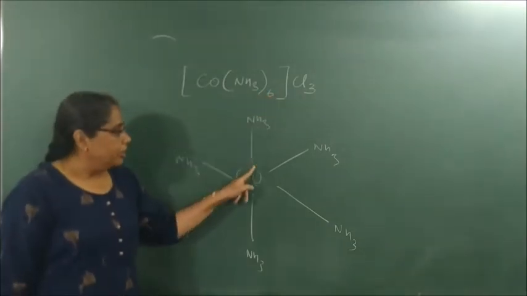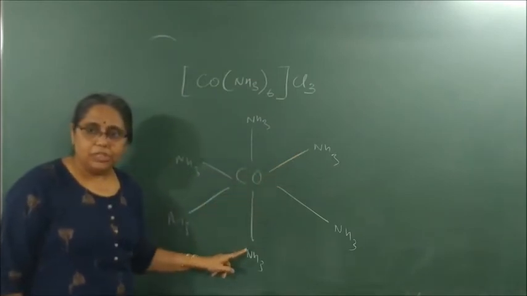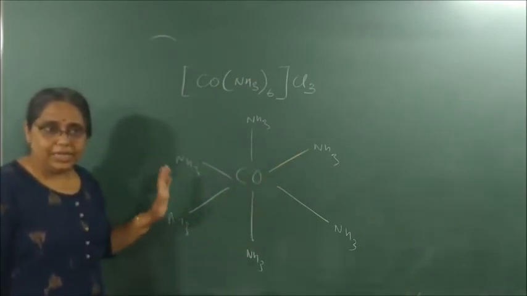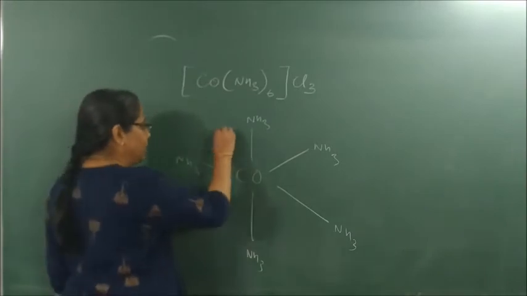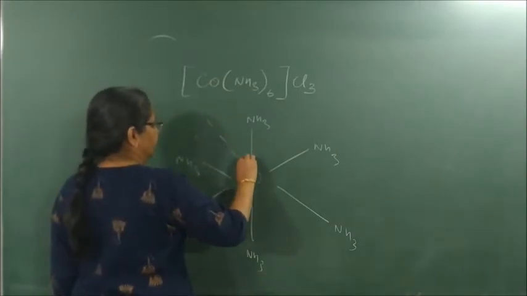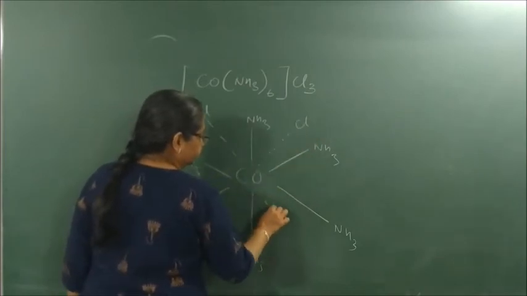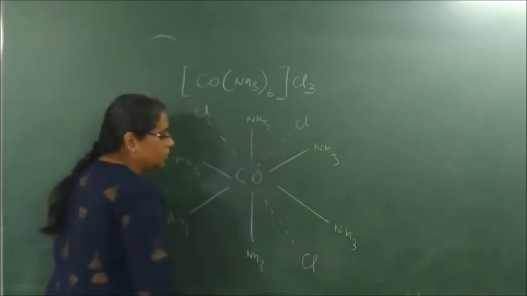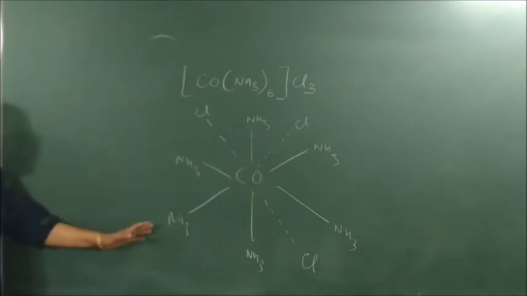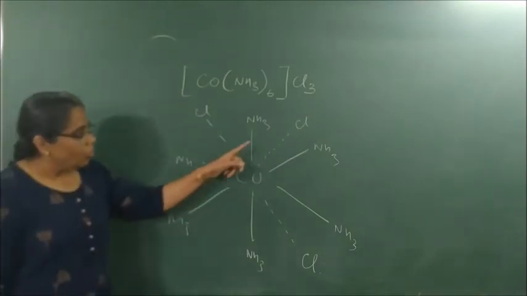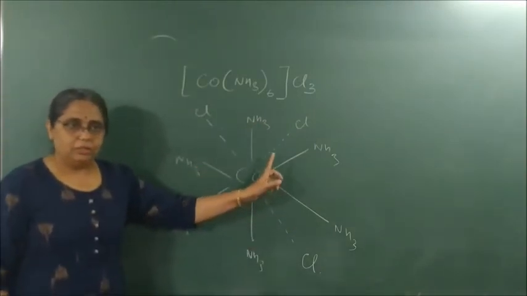These are all written by solid lines because they represent secondary valencies. The primary valencies are represented by dotted lines. So this is how you will find the representation of [Co(NH3)6]Cl3.